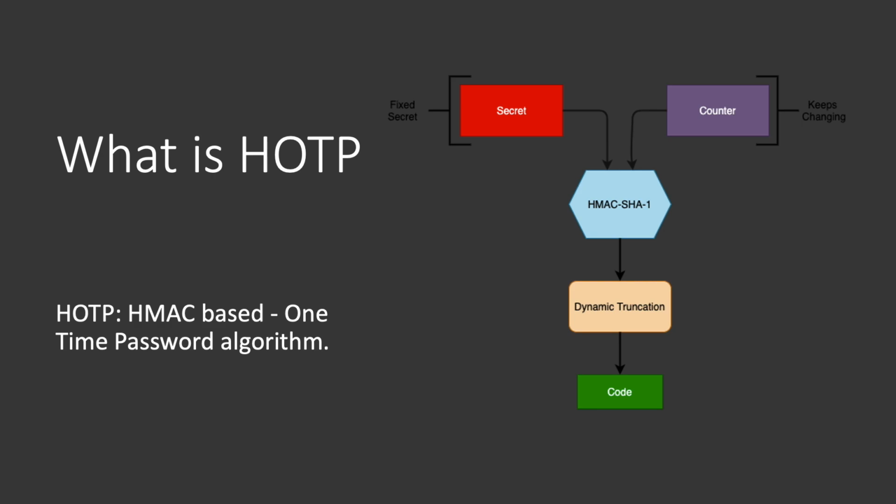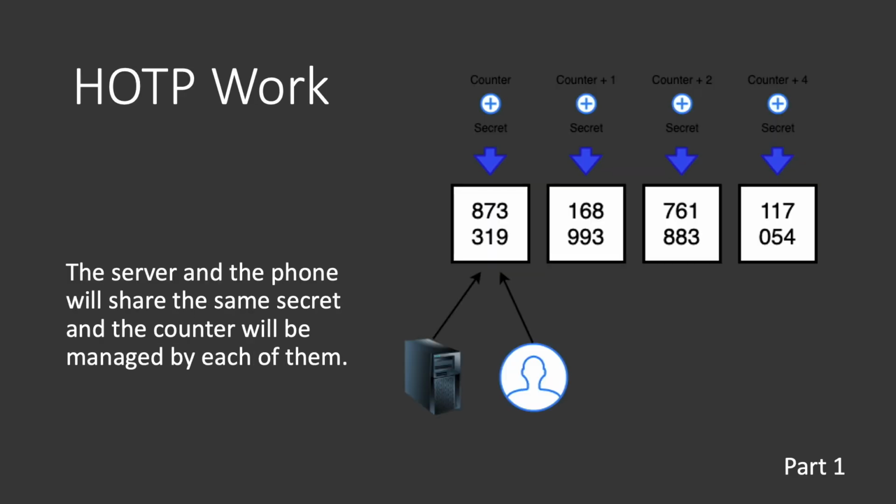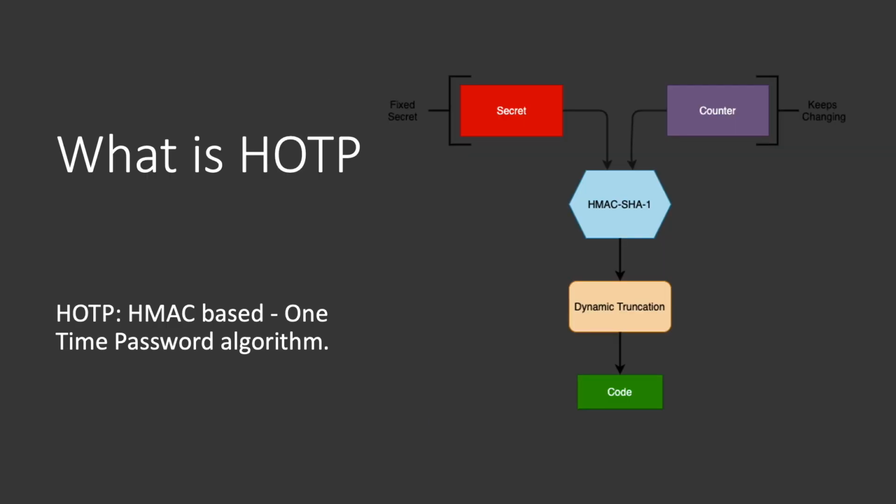So how does it actually work? The server and the phone will, as we said before, both share the same secret, and the counter will be managed by each one of them. So in HOTP, the counter is being updated manually, within the same function that we mentioned before.